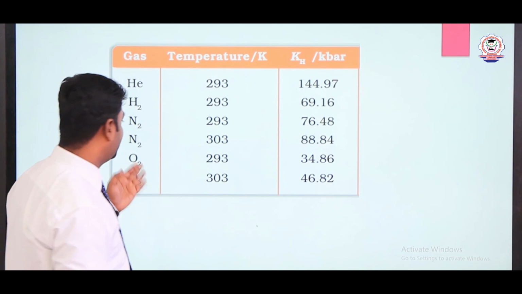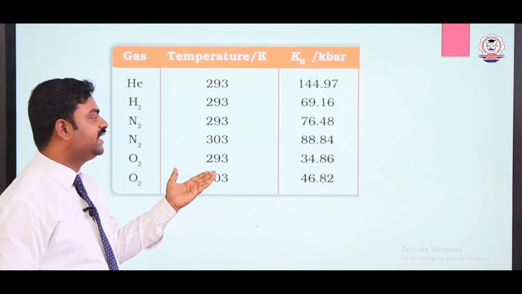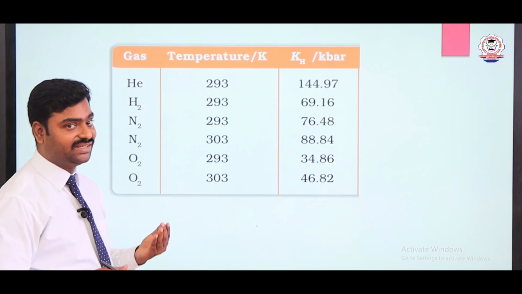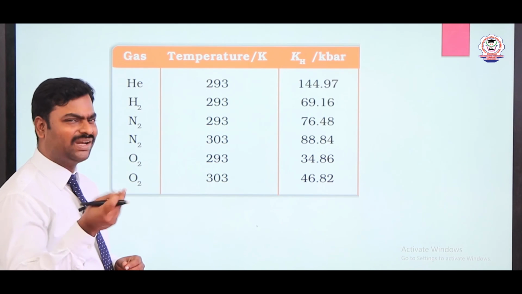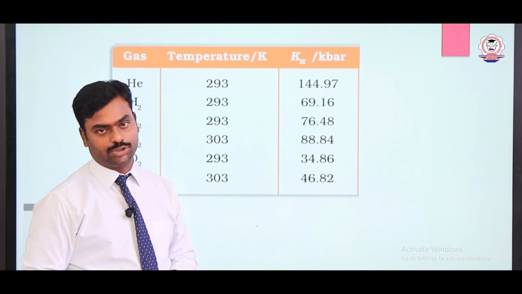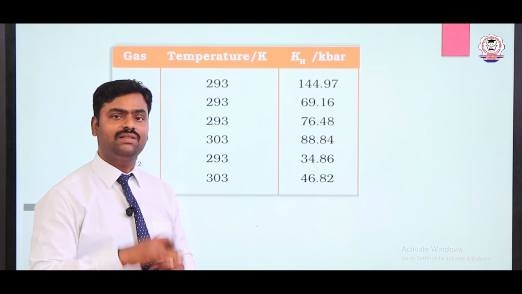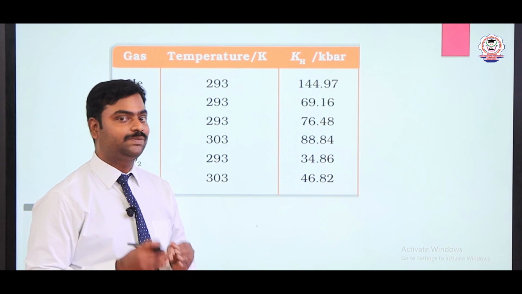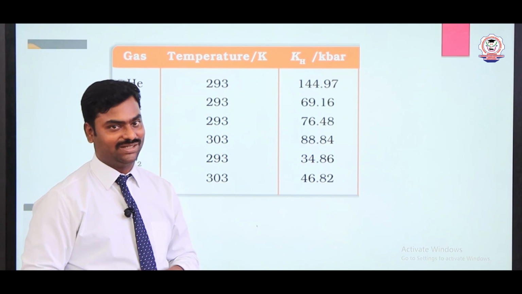Next example, oxygen. At 293 Kelvin the value is only 34.86, but when the temperature increases to 303, only 10 degrees, the value is around 46.82. So the pressure required to dissolve the same quantity of oxygen is 46.82 kilobar.